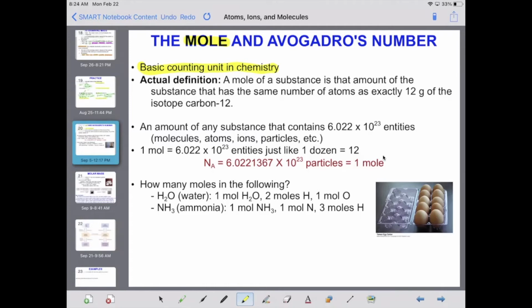And ultimately, what that becomes is the amount of any substance that contains 6.022 times 10 to the 23rd atoms, ions, molecules, particles, pieces, etc. A mole is the amount of our element that contains 6.022 times 10 to the 23rd pieces.